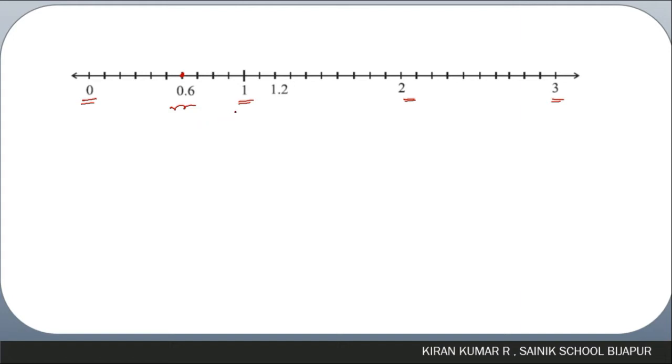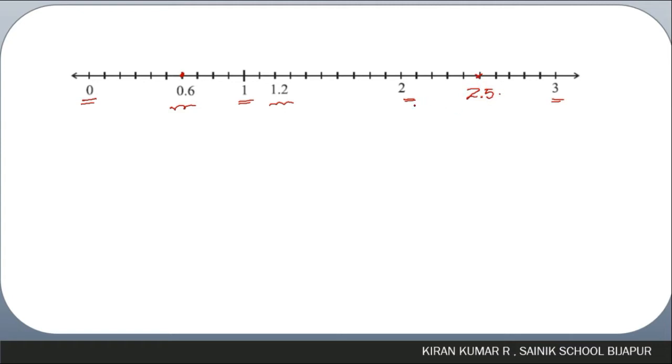The second point after 1 before 2 represents 1.2. Suppose you want to represent 2.5, you need to count 5 after 2 before 3. This particular point will represent 2.5.